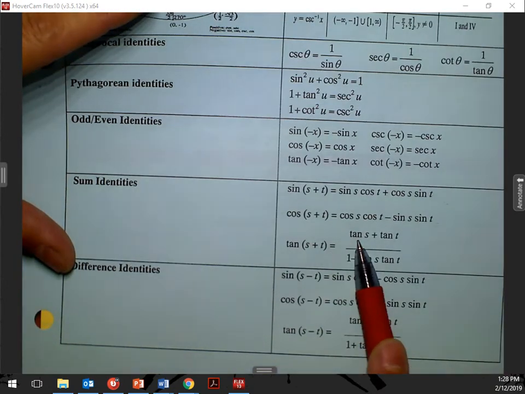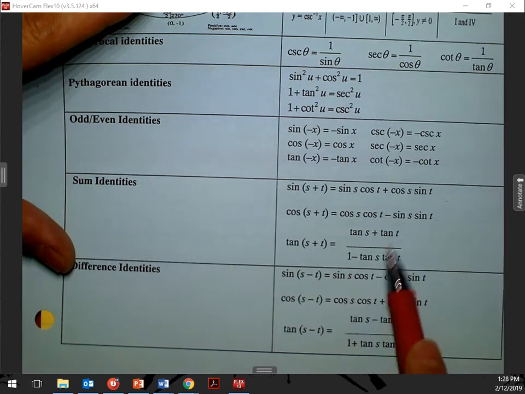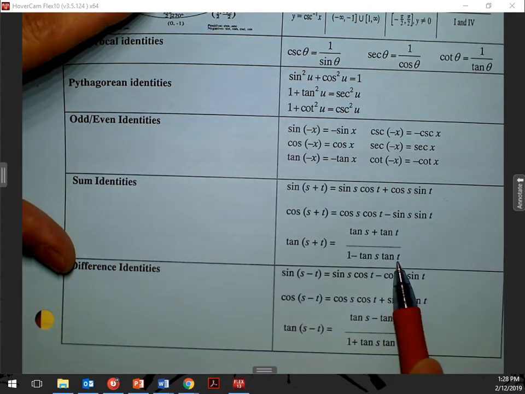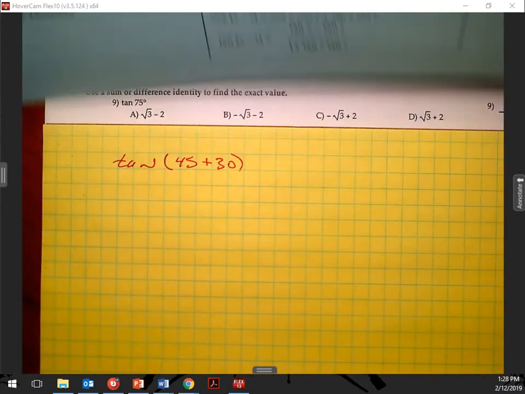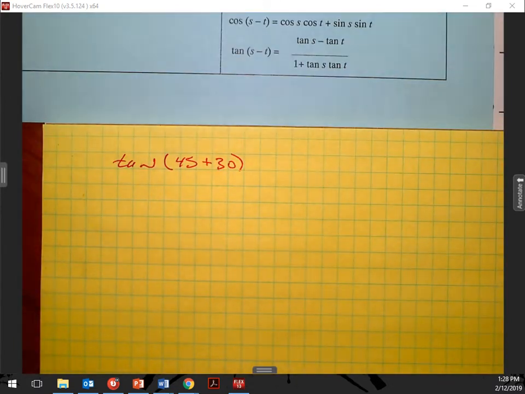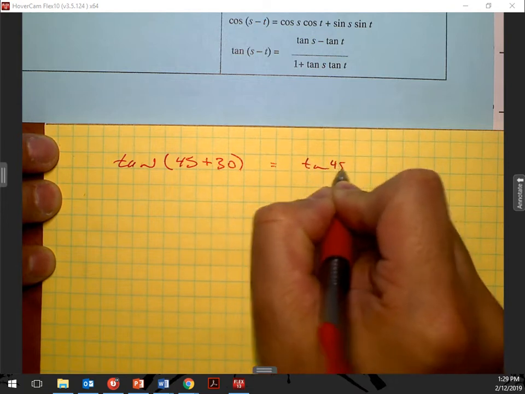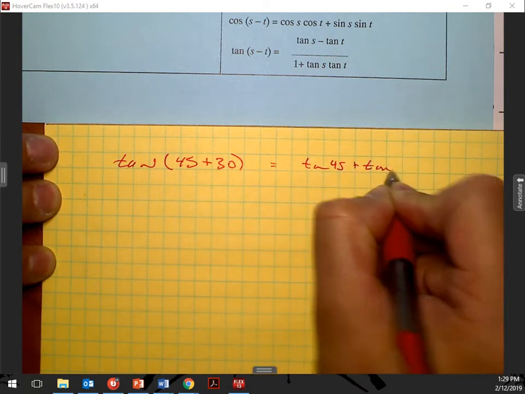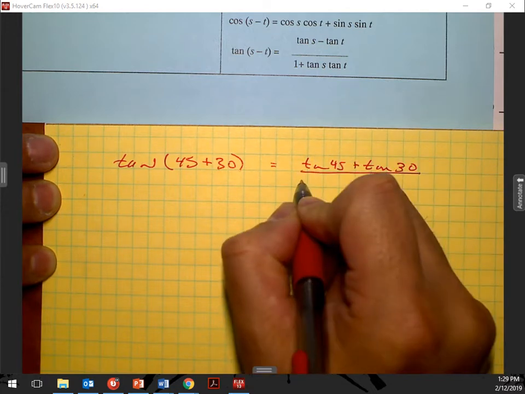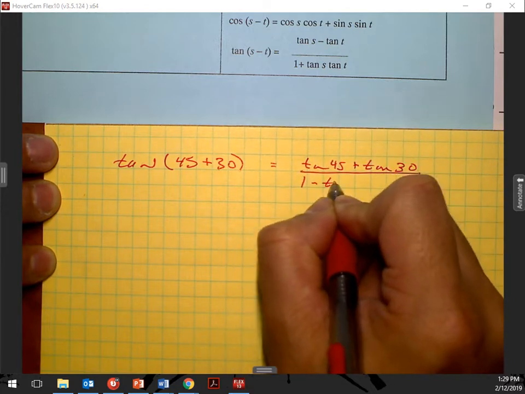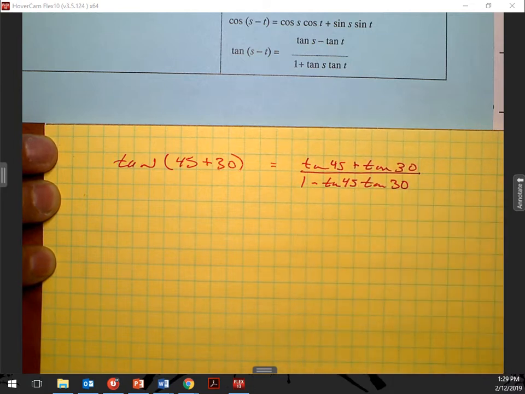So tangent is going to be tangent of S plus tangent of T over 1 minus tangent S tangent T. We get to use this on the test.